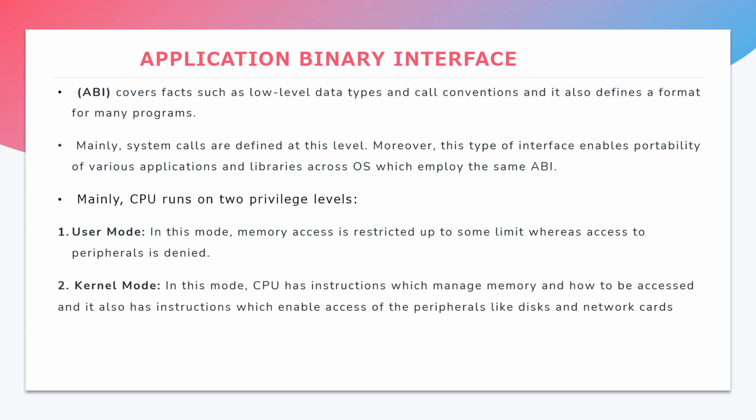It covers details such as low-level data types, alignment, and call conventions, and defines a format for executable programs. System calls are defined at this level. This interface allows portability of applications and libraries across operating systems that implement the same application binary interface.